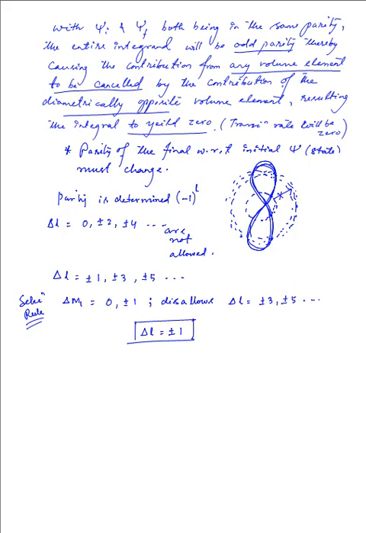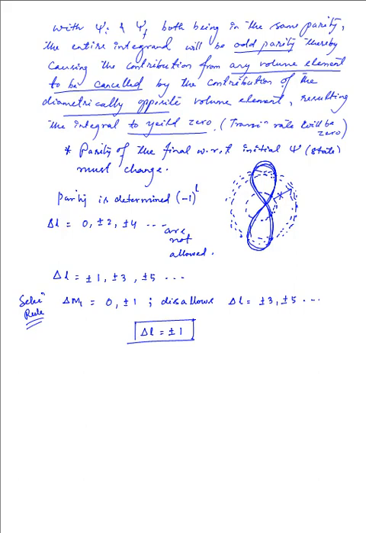This, however, does not prohibit the transitions which violate this rule. There are also transitions which violate this rule that have been observed, like in case of the oscillating magnetic dipole moment or the oscillating electric quadrupole moment. But the probability of such transitions is very unlikely.